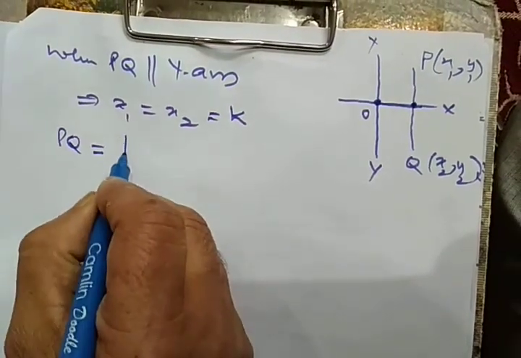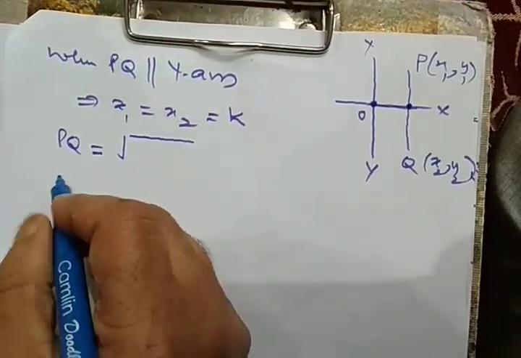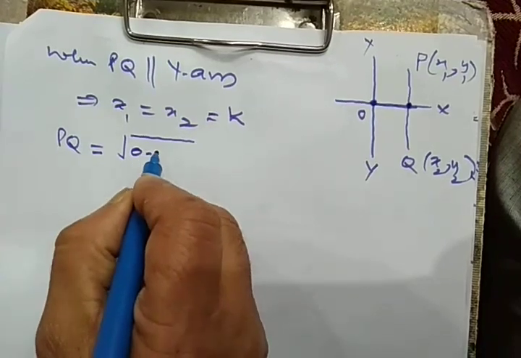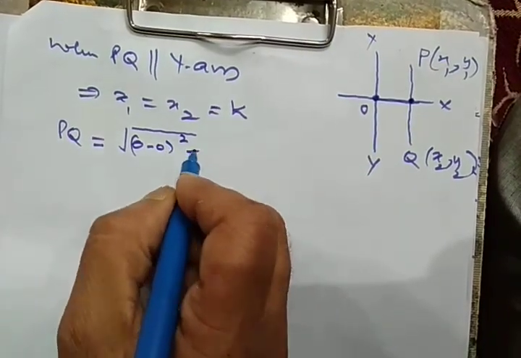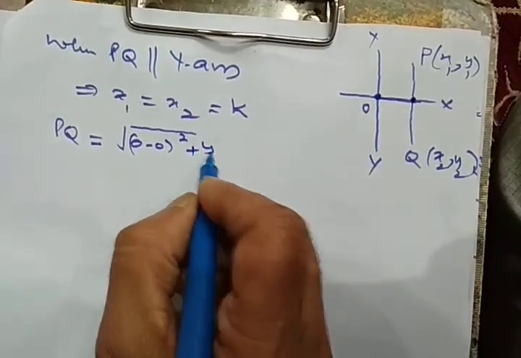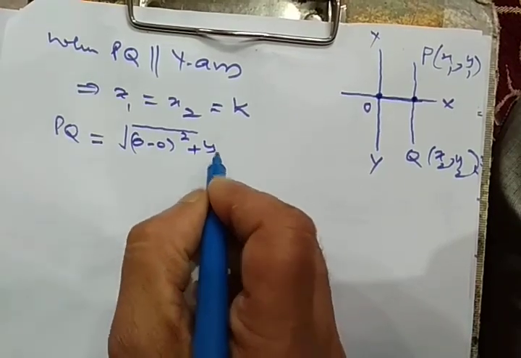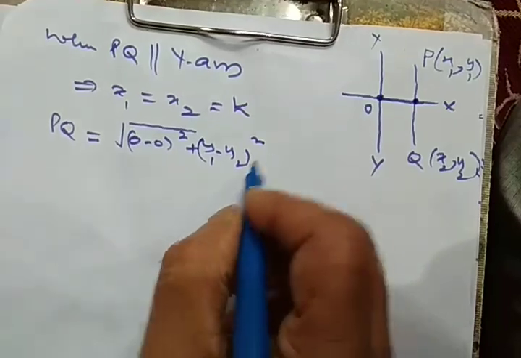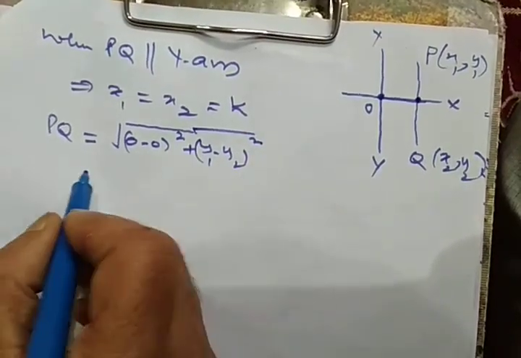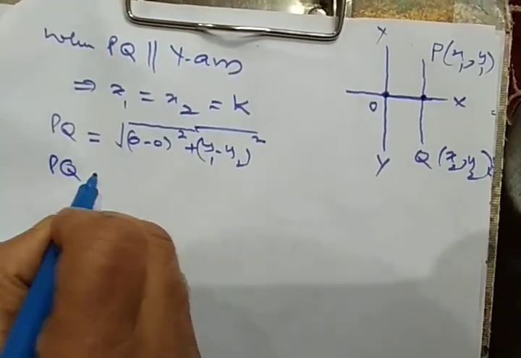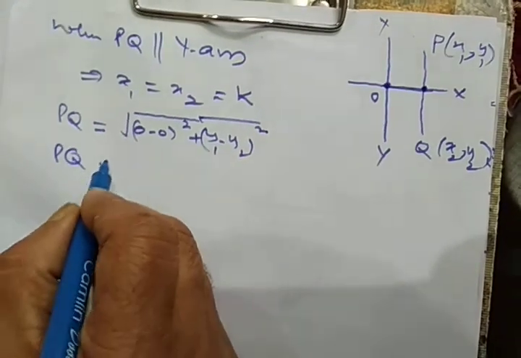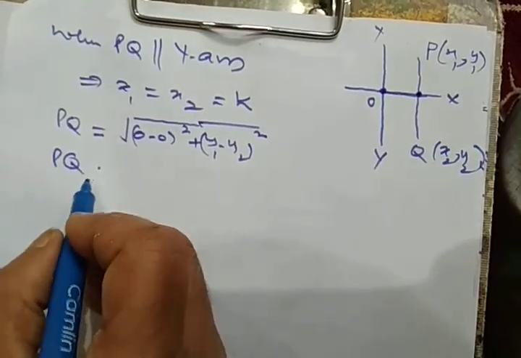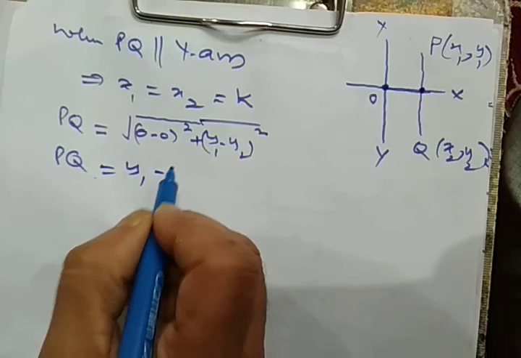the square root of the difference of abscissas, that means 0 minus 0 whole square, plus y1 minus y2 whole square. You see, the square root will cancel here, so PQ will be equal to y1 minus y2.